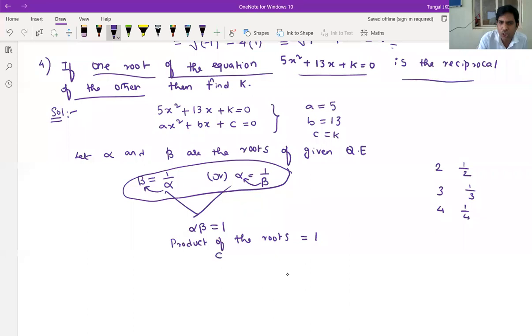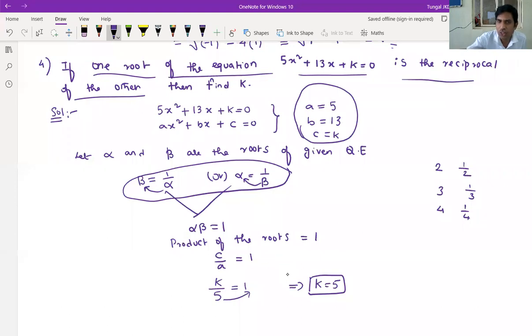What is the product of the roots formula? C by A. So C by A is equal to 1. From here, what is C by A? ABC values we have, right? C by A is nothing but k by 5 is equal to 1. Cross multiplied, how much will the k value come? Nothing but 5.